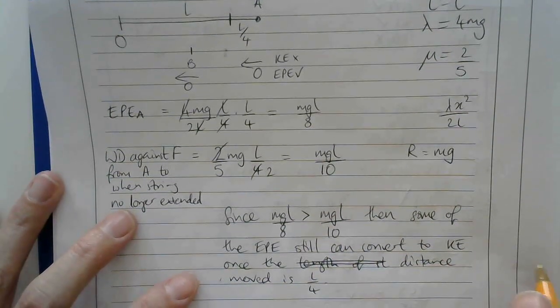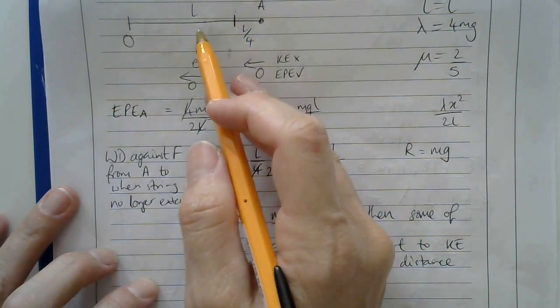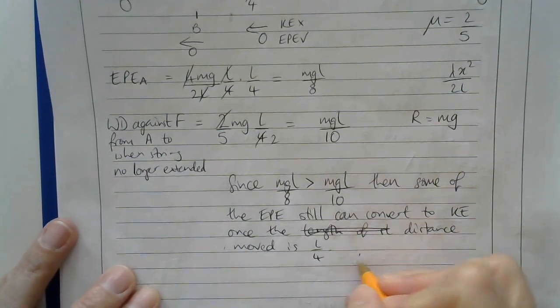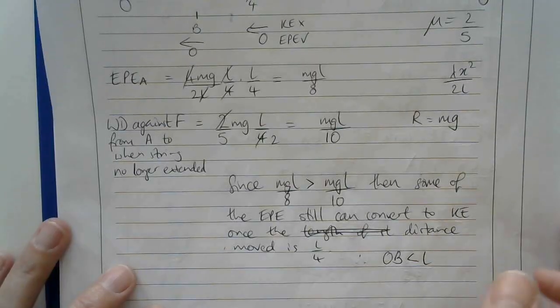In other words, it's going to keep moving beyond this point, over here. So I can say, therefore, OB is less than L.